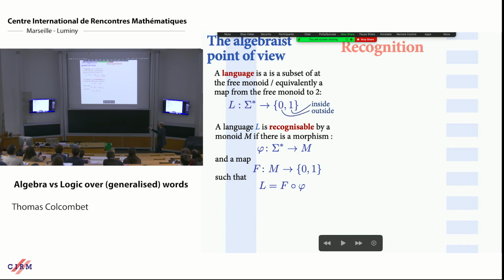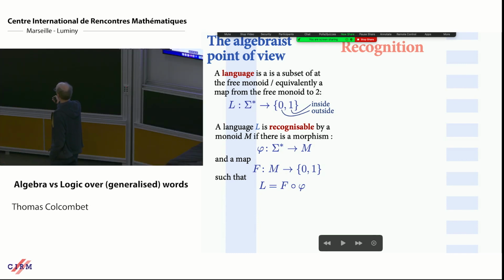You care about a language L, so a map from words to 0, 1, and you'd like to describe it. And the way you do it is that you give a morphism. So you send every word to an element of a monoid M. And then you have a final map that sends every element of M to either 0 or 1, accept or reject.